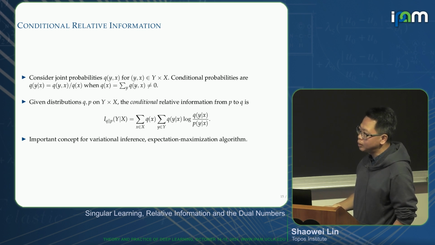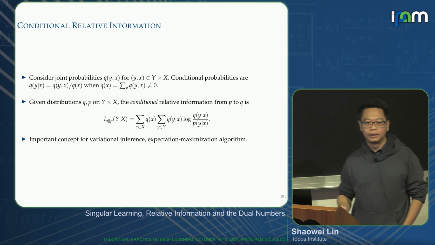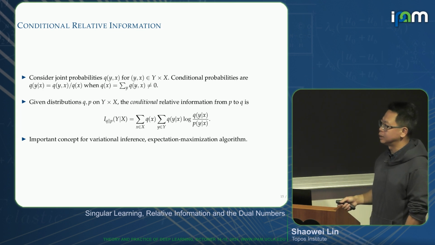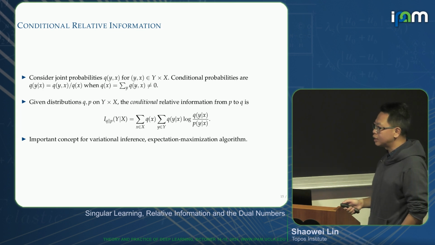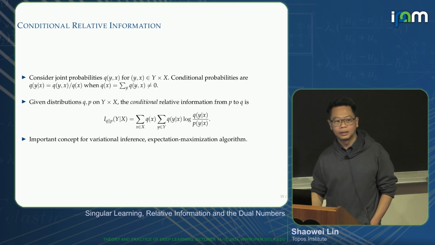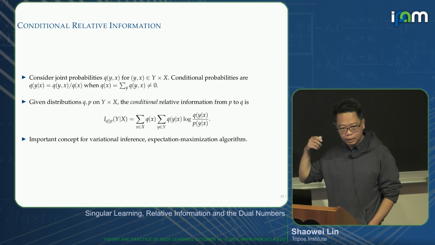So you're just looking purely at the KL divergence between these two conditional distributions, and then we average it out with Q of x. So in the sum, x is fixed, and then you average it out with the true distribution on x, Q of x. And that's going to be the conditional relative information. This conditional relative information is used a lot in variational inference, EM algorithms, free energy, active inference, and things like that.